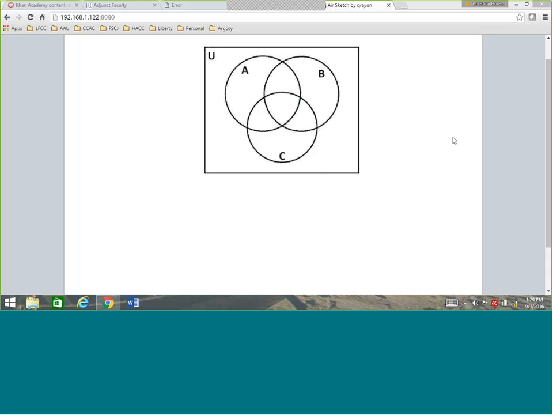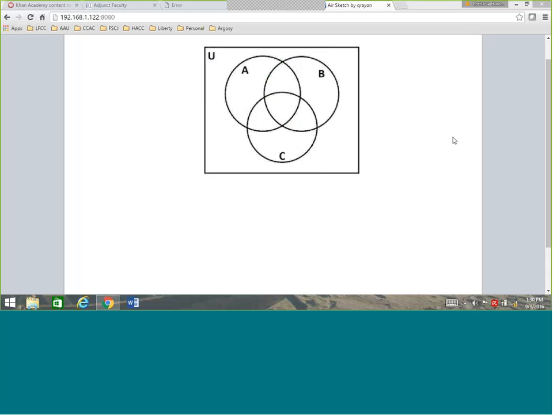Then if you notice, we have this, which is an overlap of circles A and B. This is where A and B overlap. Now, if we looked at it as just this piece, this is where A and B overlap, but it's outside of C. So you have A and B overlapping, but it's not in circle C. So that's a special region there.